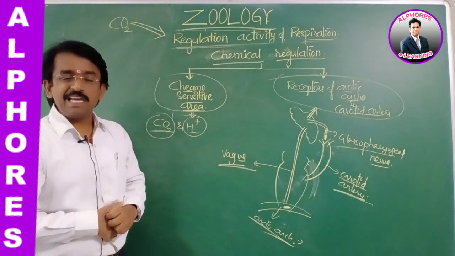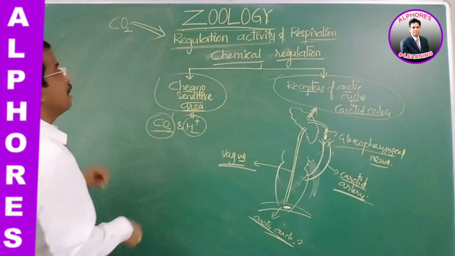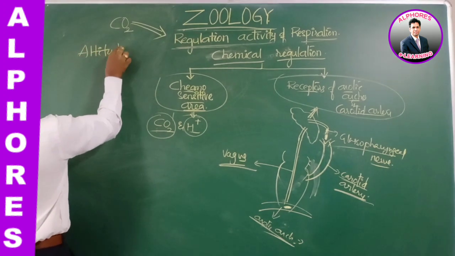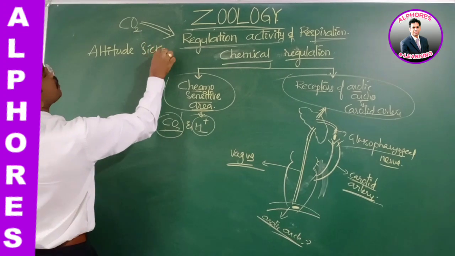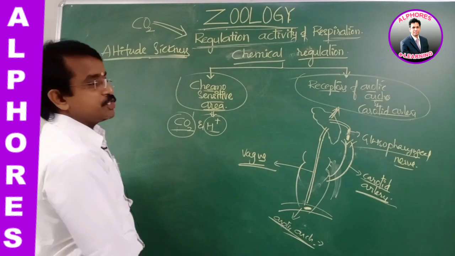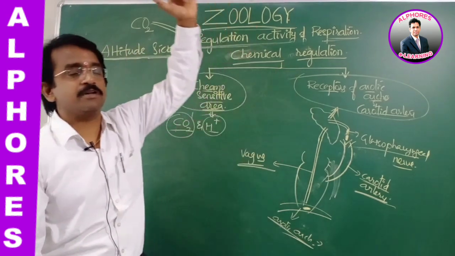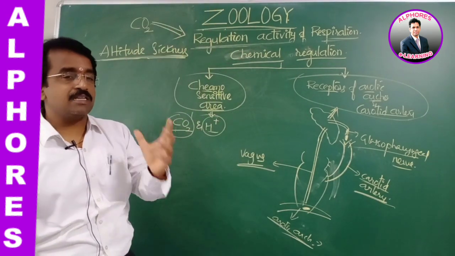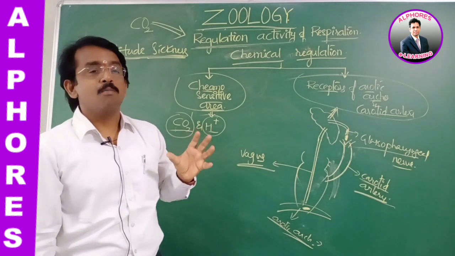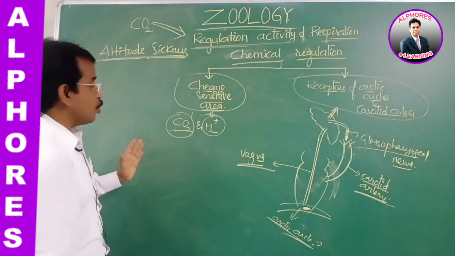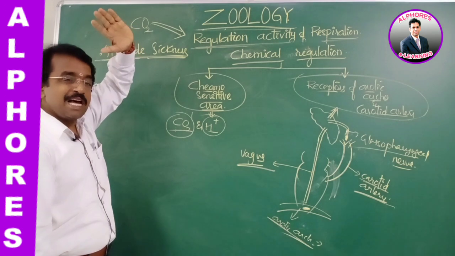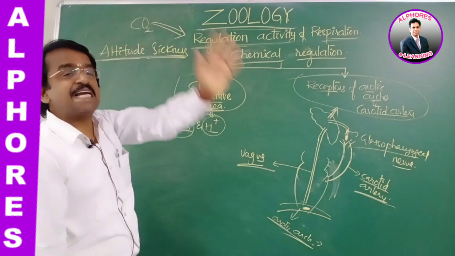There are three effects of altitude sickness. Altitude sickness affects, for example, mountaineers when they reach high places. That's the reason why they carry oxygen cylinders, which provide the oxygen. The higher places we go, the partial pressure of oxygen decreases.